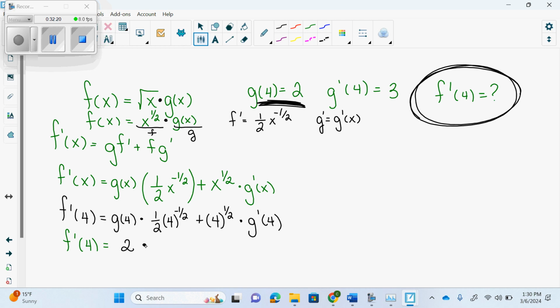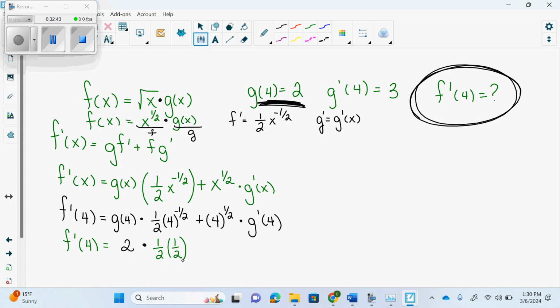Times. What is this? 4 to the 1/2. Ignore the negative. What's 4 to the 1/2? That's the square root of 4, correct? Which is 2. If it's to the negative, what does it become? 1/2. Remember, it just moves to the bottom.